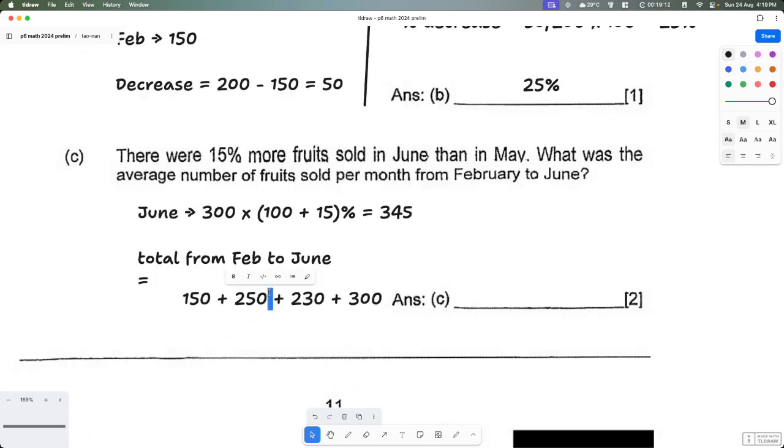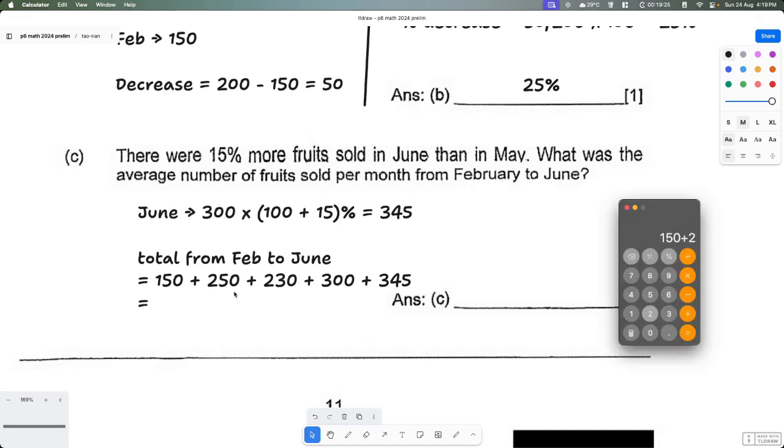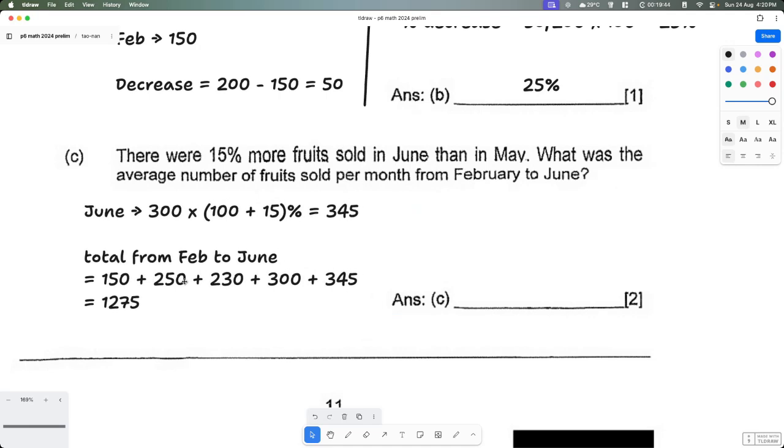Plus 345. So 150 plus 250 plus 230 plus 300 plus 345 equals 1275. Let's try again. 150 plus 250 plus 230 plus 300 plus 345, 1275. Okay, great. So that's the answer for the total.